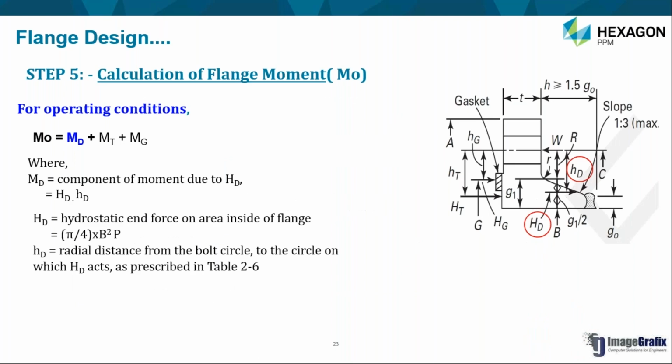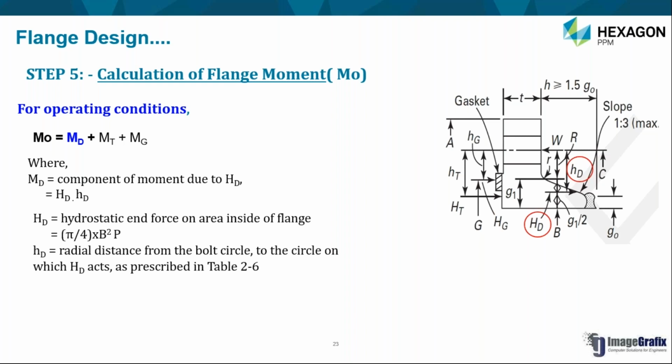Now if we observe the figure, there is a force, capital HD. This is the hydrostatic end force, which is applied at the ID of your flange. As we know, moment is nothing but force multiplied by the moment arm, that is, the force multiplied by the perpendicular distance. All these forces will be considered as acting with reference to the PCD, which gives the moment arm.